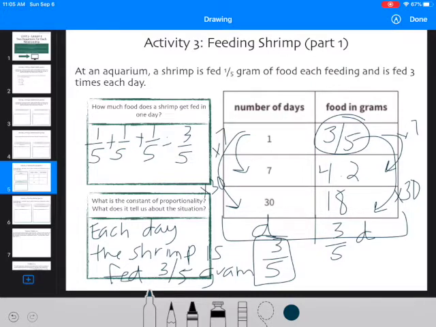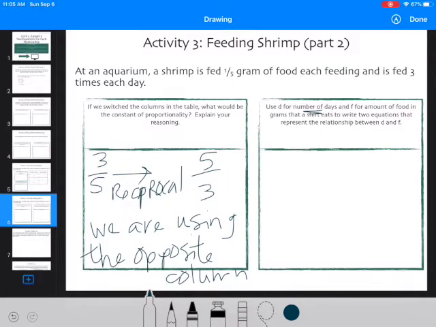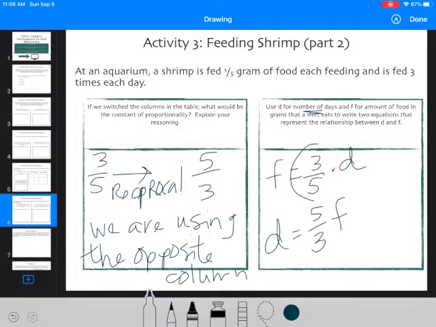So the food is 3/5 times the number of days. So if I was going to work the other way, if I was going to say D equals, it would be 5/3 F. So if I work the other way, I use the reciprocal of my constant of proportionality.